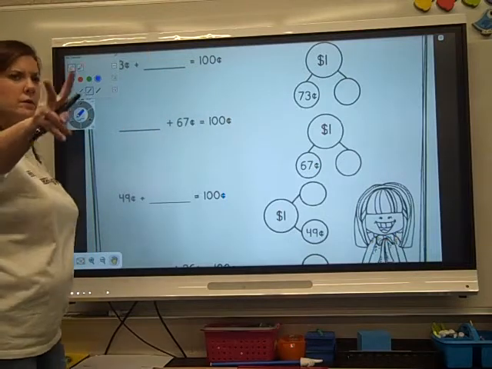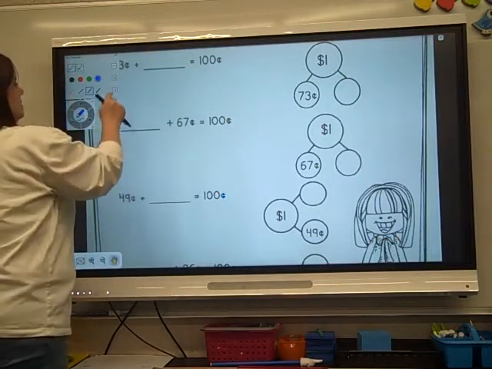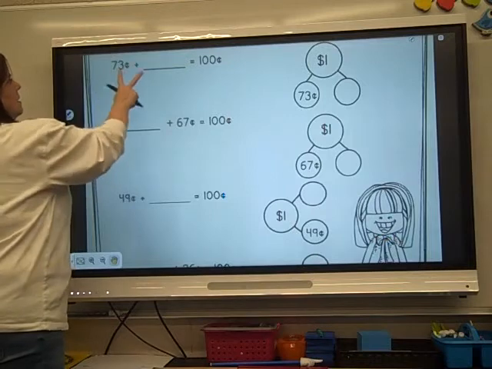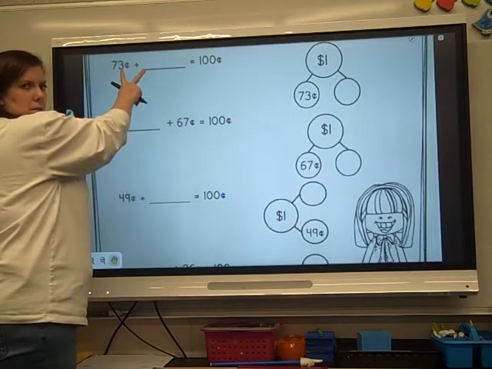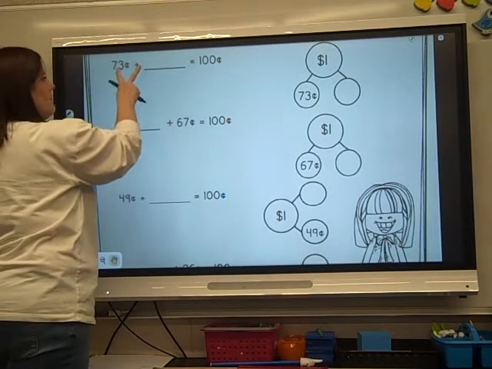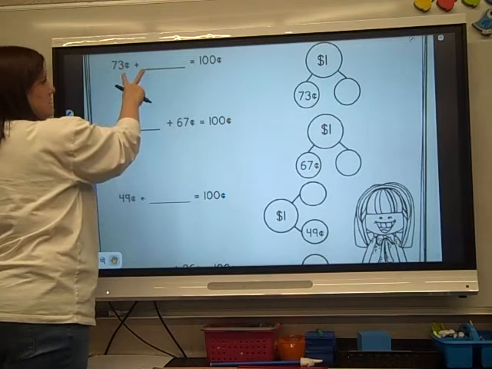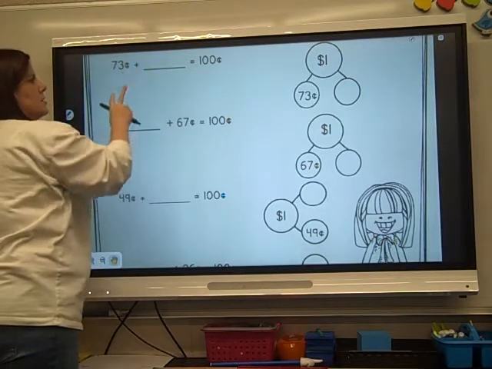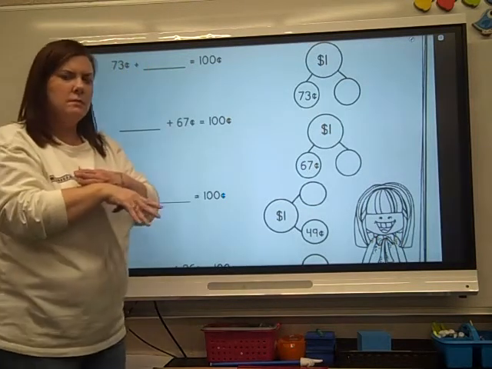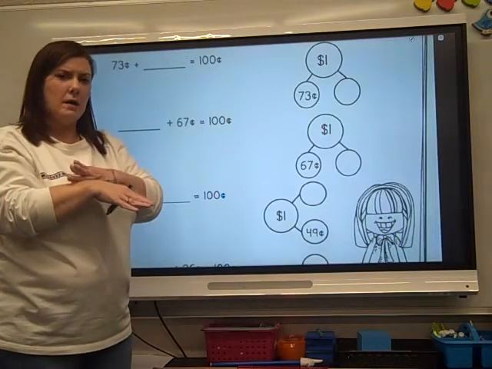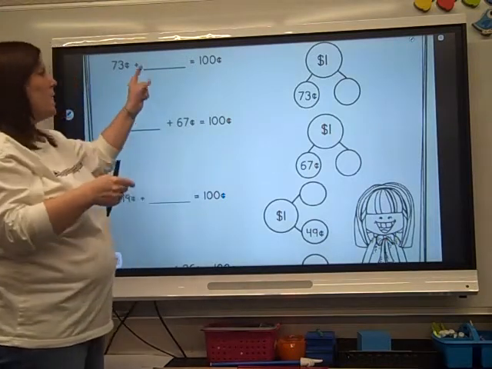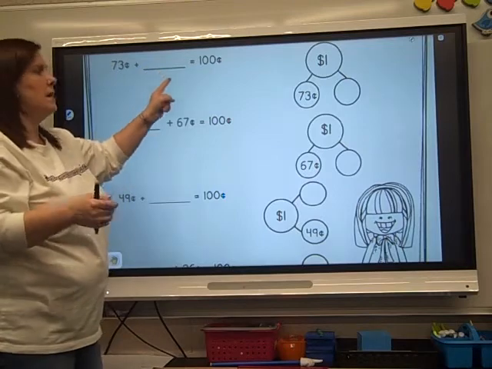So just use our two-finger strategy. Can I add? No, because I don't have a number on both sides of my plus sign. So what's the opposite of add? Subtract. So I've got to write a subtraction problem to see what I need there, okay?